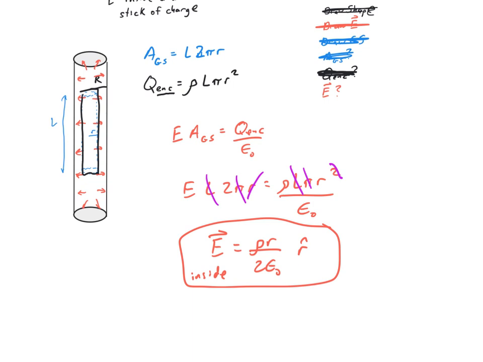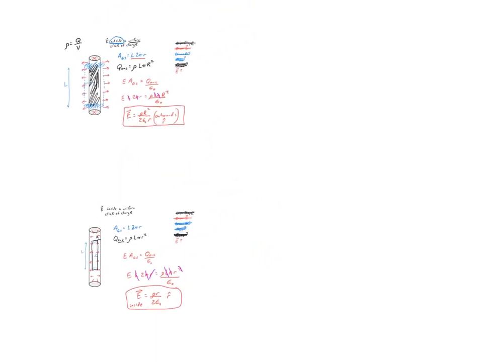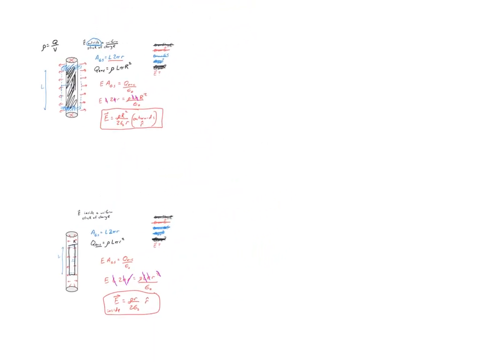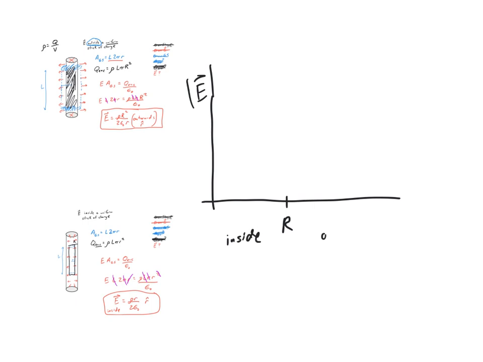Last thing I'm going to do is combine these two results. We got our outside, we got our inside. To draw this out, we've got the electric field magnitude, inside, and outside of R. The variable is lowercase r.